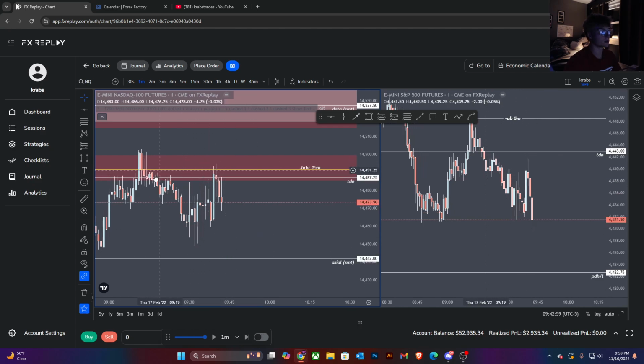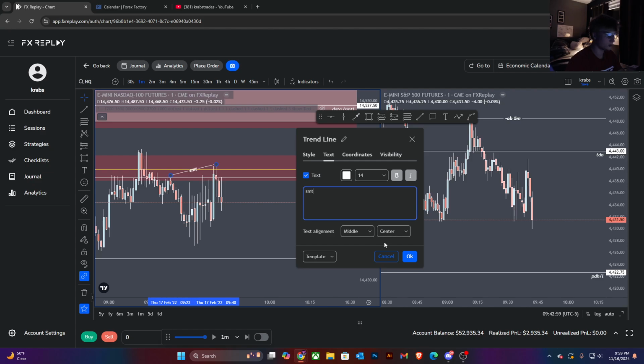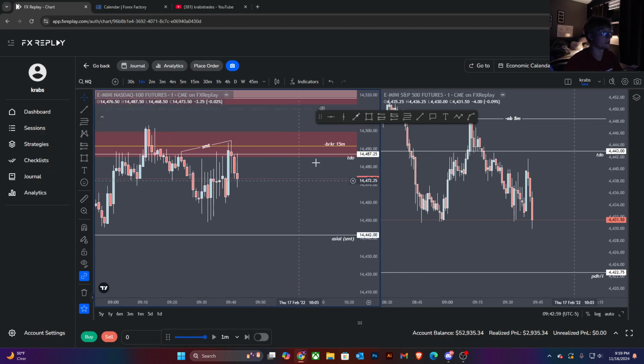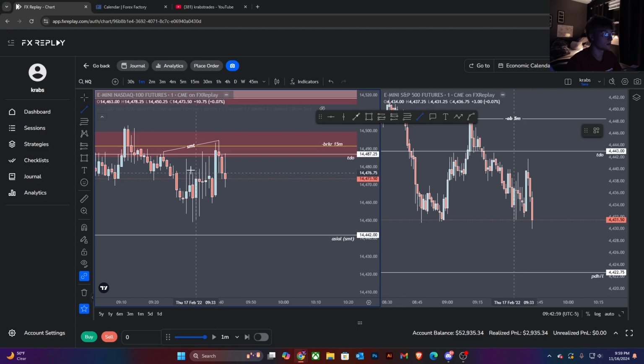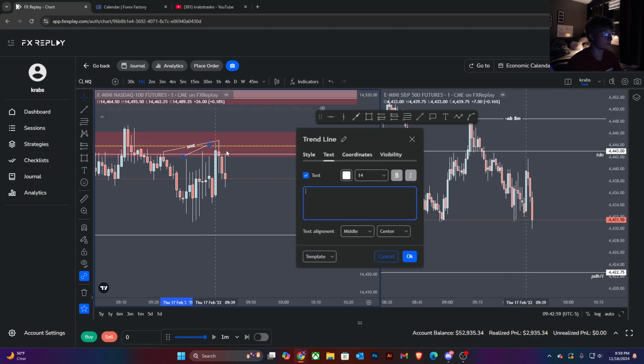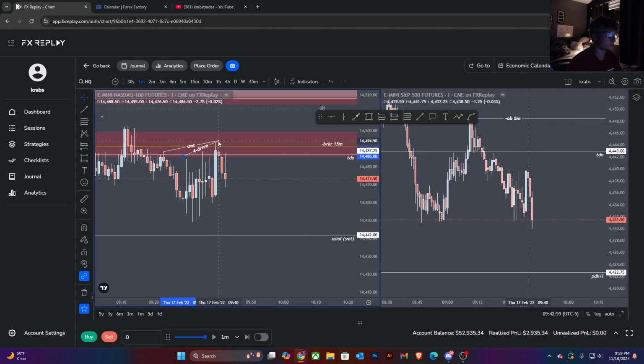Alright, this 1 minute looks good. SMT at the high. Kind of crazy PA though, but 3 drive as well. Or actually 4 drive. Took liquidity like 4 times. SMT. Pretty decent SMT as well.